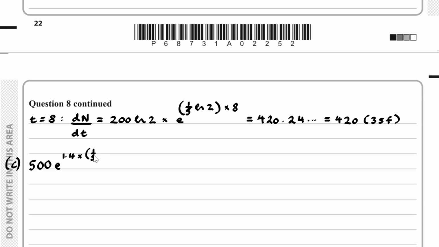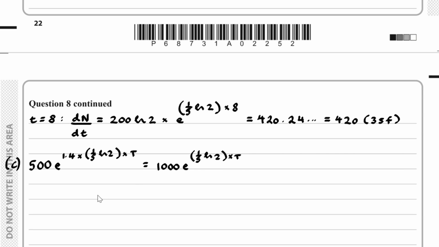That's 1/5 times the natural log of 2, and then we're going to multiply this by t, and this is equal to 1000 e to the power of 1/5 times the natural log of 2 multiplied by t.